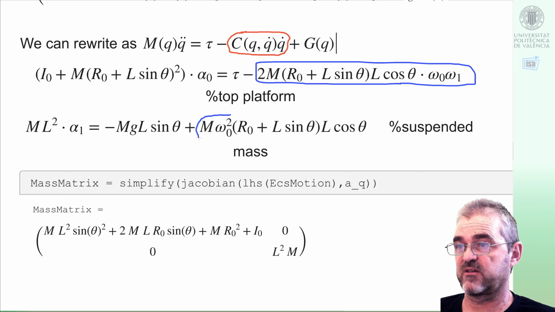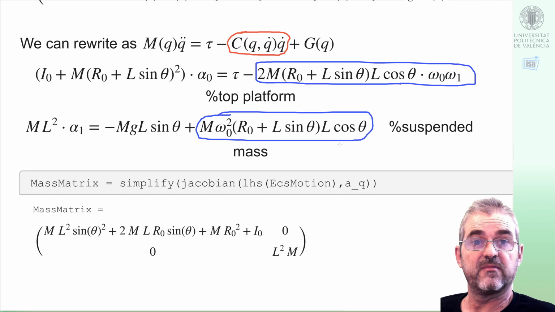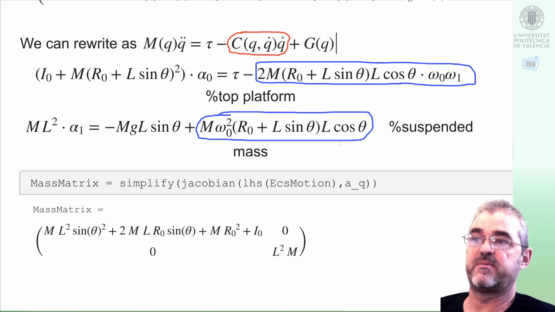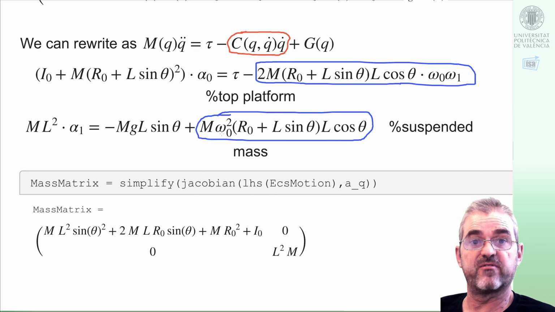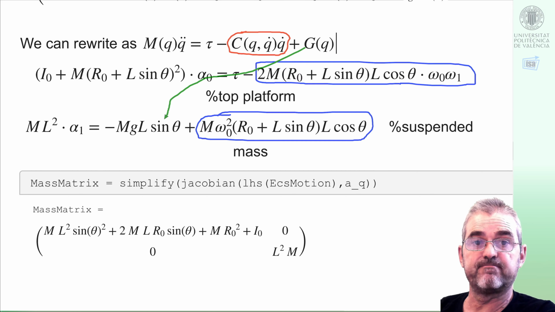And we have this second coupling term in the equations of the suspended mass, introducing a centrifugal force depending on the square of the platform's rotation speed. And then we have this gravity-related term depending on angular positions.